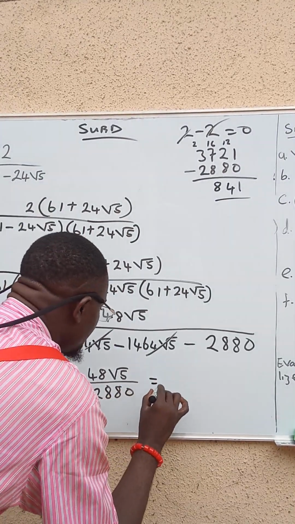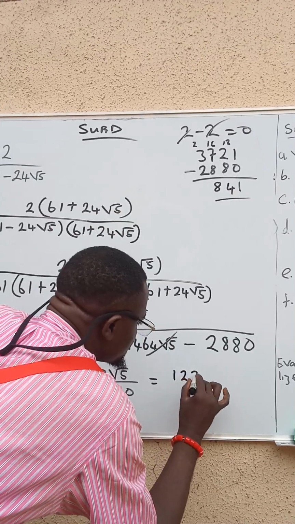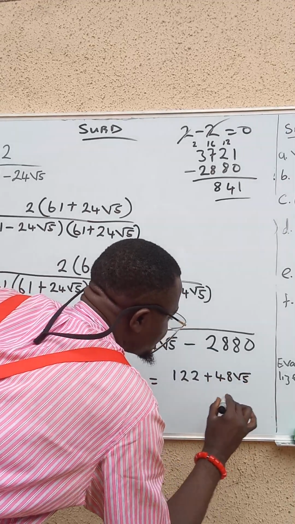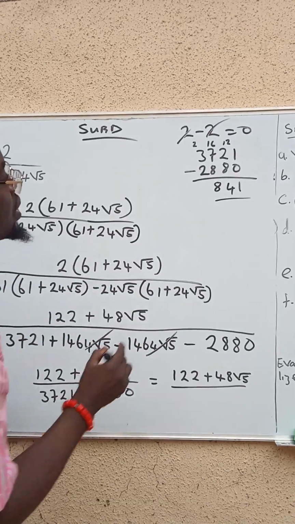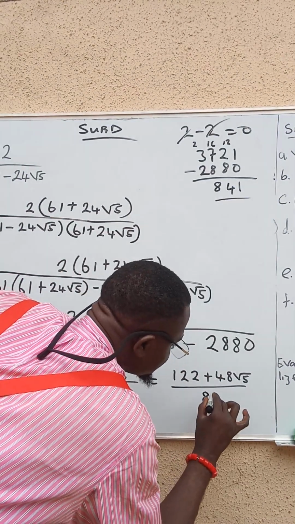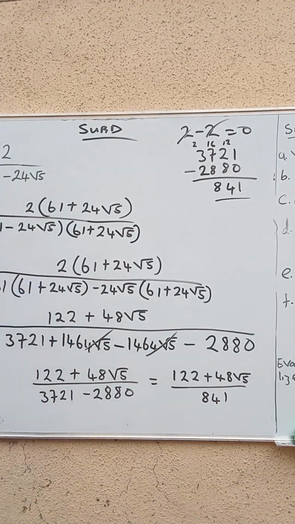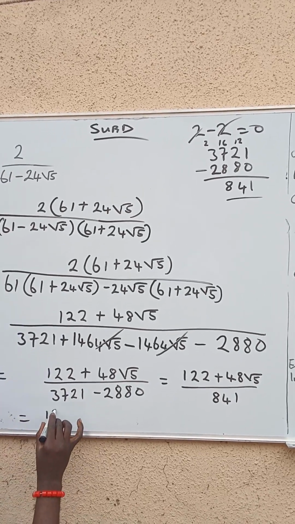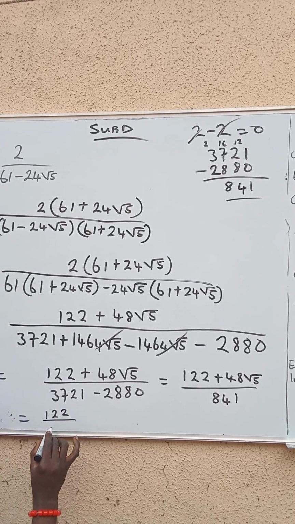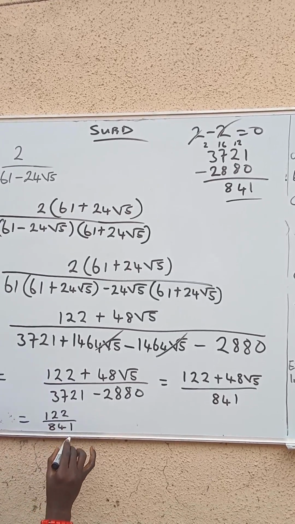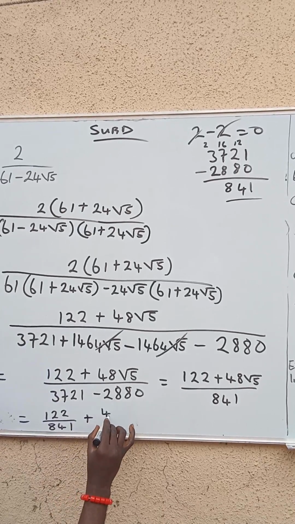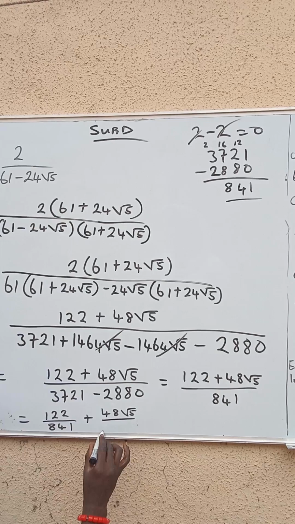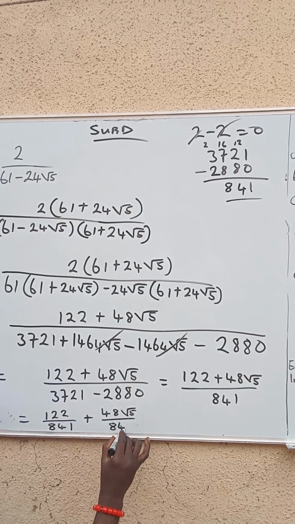So what you have here will now be what? 122 plus 48 root 5 over 841. 841. So for you to write it out, what you have will now be what? 122 over 841 plus 48 root 5 over 841.